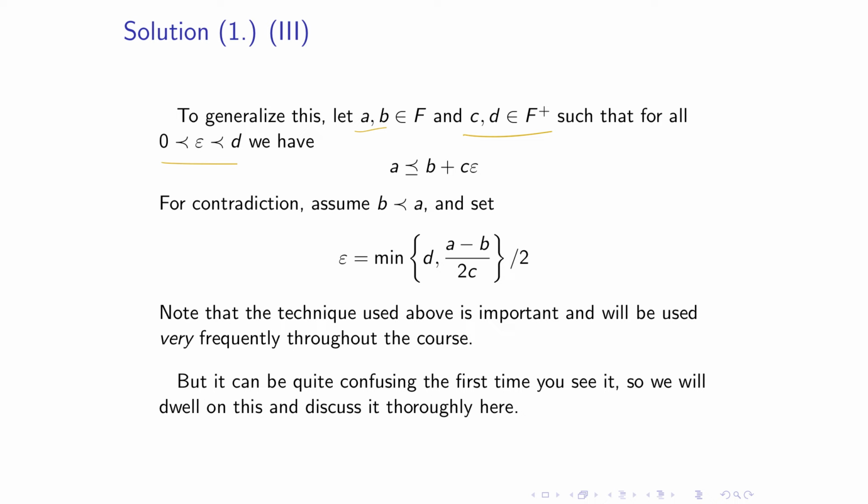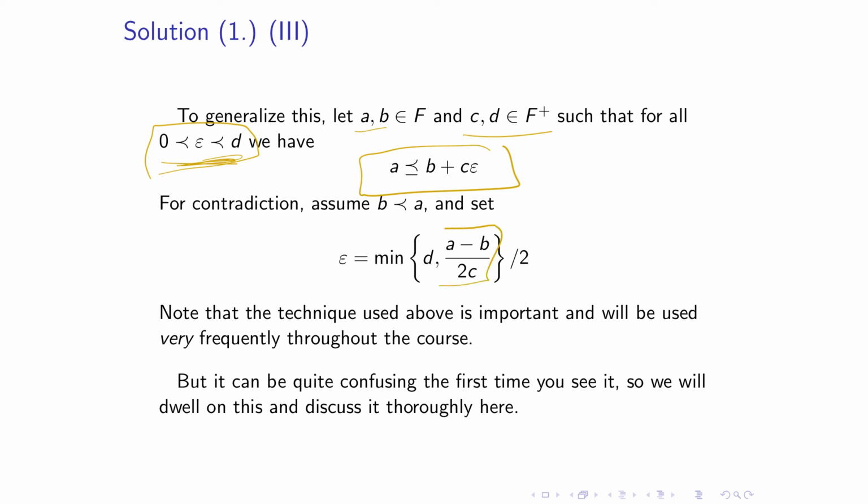So epsilon is going to be smaller than D because it's the least of these elements. Maybe to get the inequality strict, we need that divide by 2, but that's going to happen. So basically, by having D in the set, and ultimately dividing by 2, we know that we're going to get an epsilon that is smaller than D, and I know that I satisfy this condition, and so I get to use this right here.